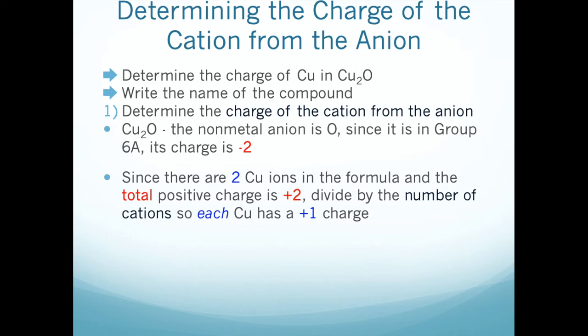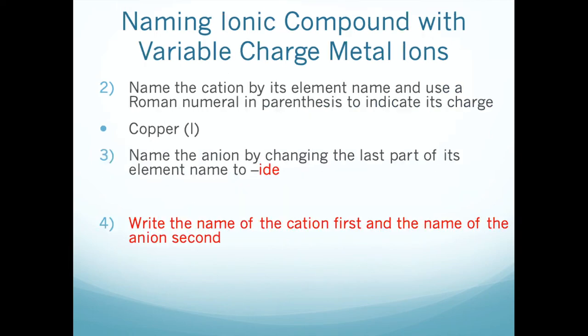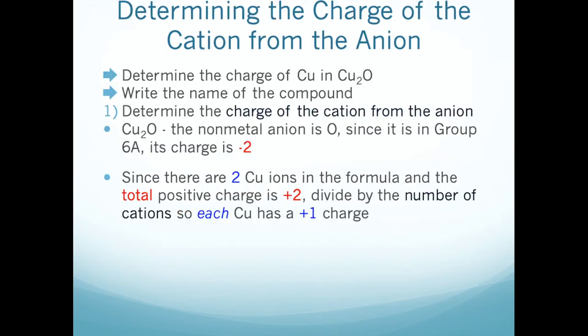However, copper is not in group 1 or group 2. It's one of those transition metals, and you need to put a Roman numeral after it because there's more than one type of copper out there. And we want to specifically refer to the copper that's in Cu2O over here.